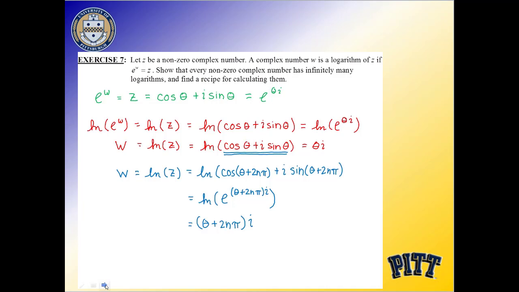So that's why I end up with an infinite number of answers, because since we're involving these trigonometric functions, and trigonometric functions repeat in value for coterminal angles. That's why I can have an infinite number of angles that have the exact same sine and cosine pairing, and because of that, I can have an infinite number of things that would have the exact same logarithm.